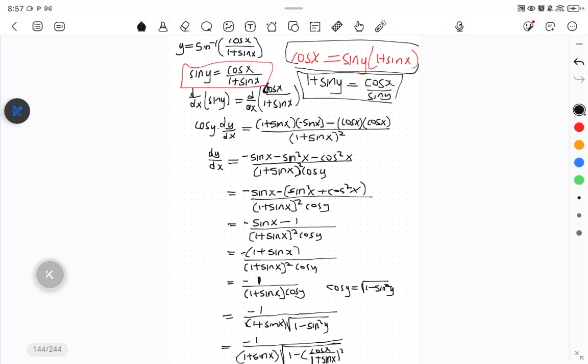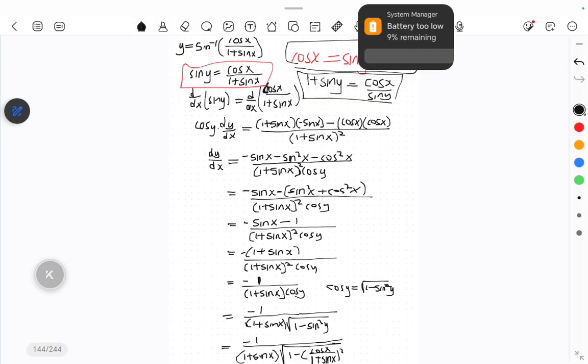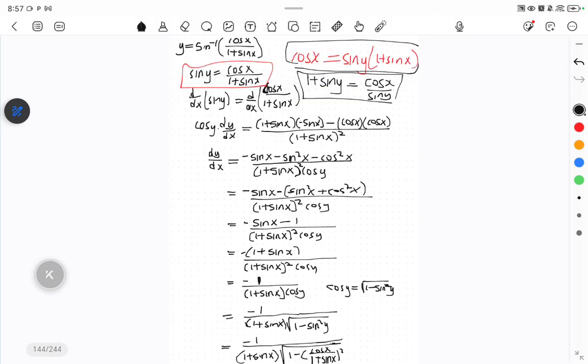Cos y, cos y. Cancel this with this. And cos y is 1 plus cos y. We have cos y.